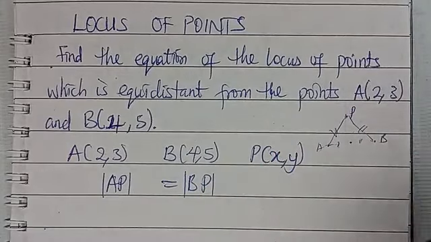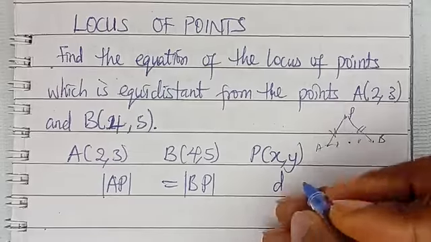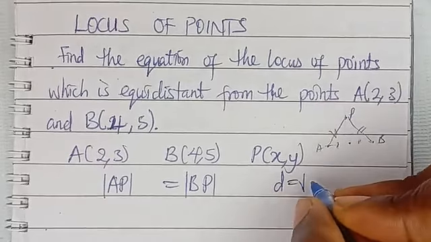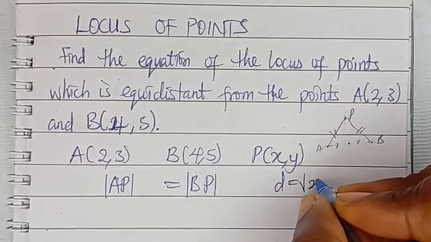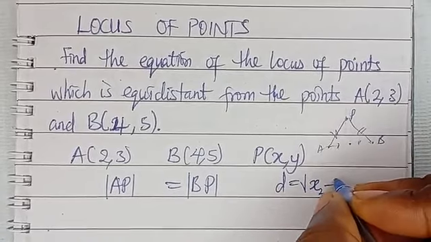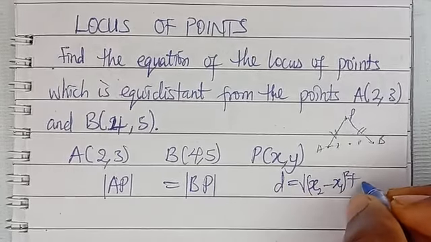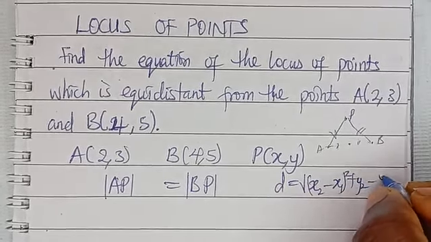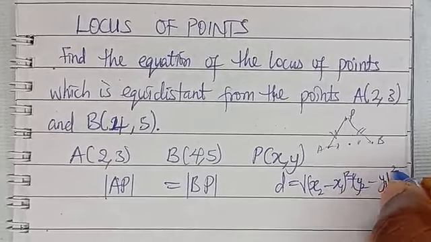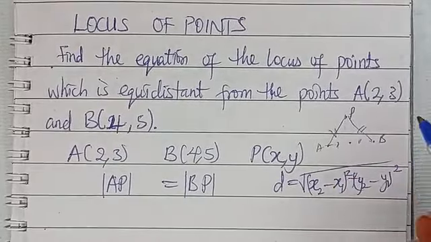We know that the equation for distance between 2 points is equal to the square root of (x2 minus x1) squared plus (y2 minus y1) squared.